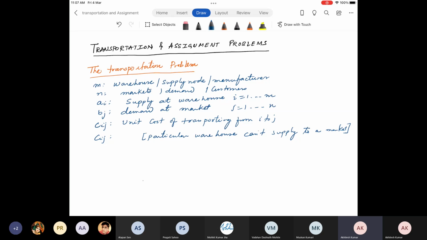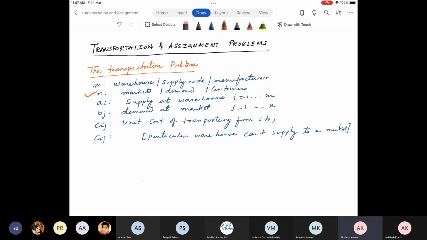For example, when you order anything from Flipkart, Myntra or Amazon, they have different warehouses distributed across the country. And from those warehouses, depending on what you have ordered, they try to deliver it to you. So you can think of you as a customer or the market or demand point that is represented by N here.